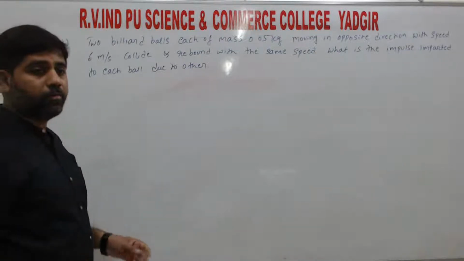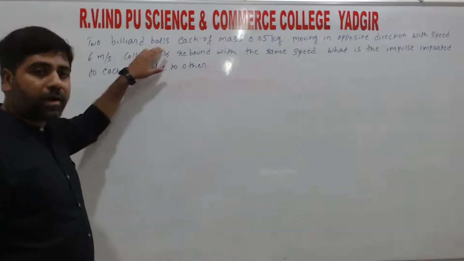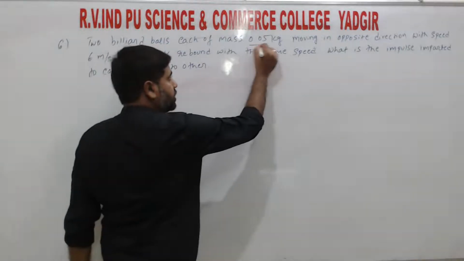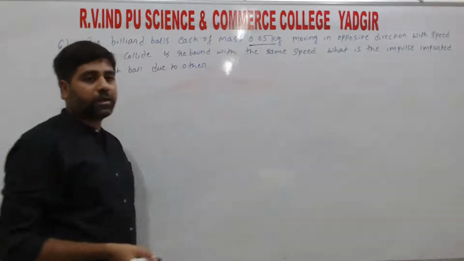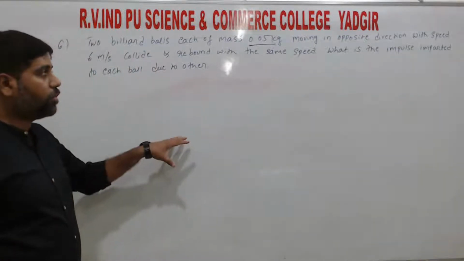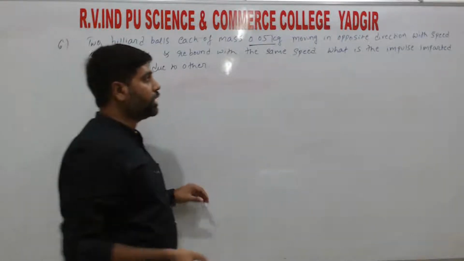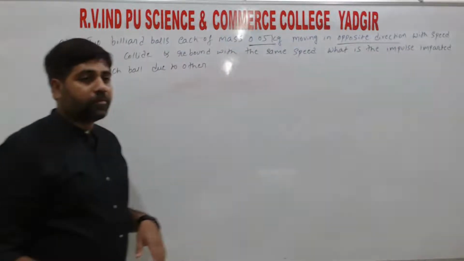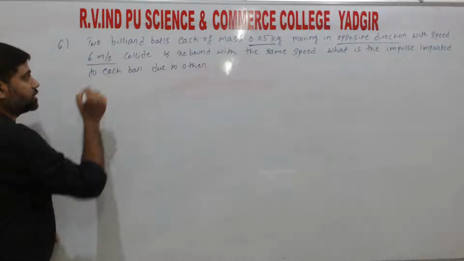So here they have given billiard balls, that means balls having some masses, right? That mass is 0.05 kg. So two billiard balls of equal masses moving in opposite directions with the same speed of 6 meter per second.